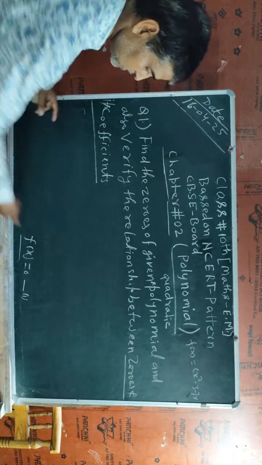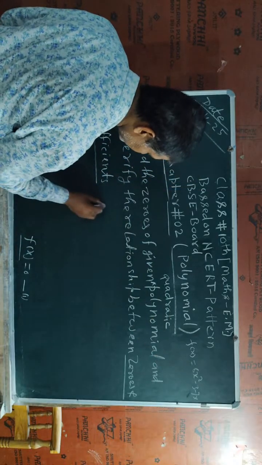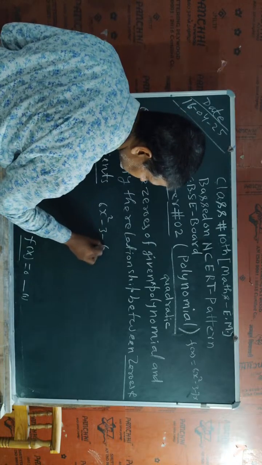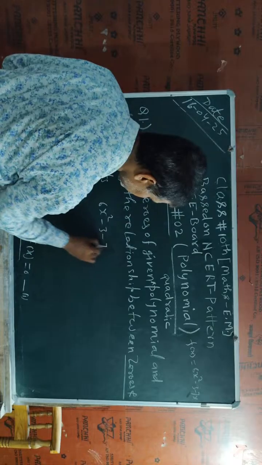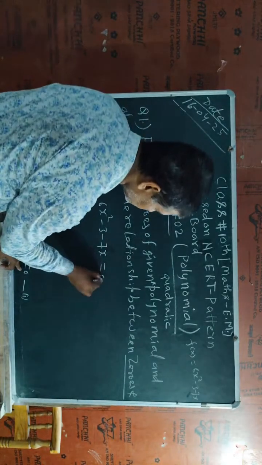Okay, students. So in the place of f of x, I will write 6x square minus 3 minus 7x. On the right hand side is 0, so I will put here 0.